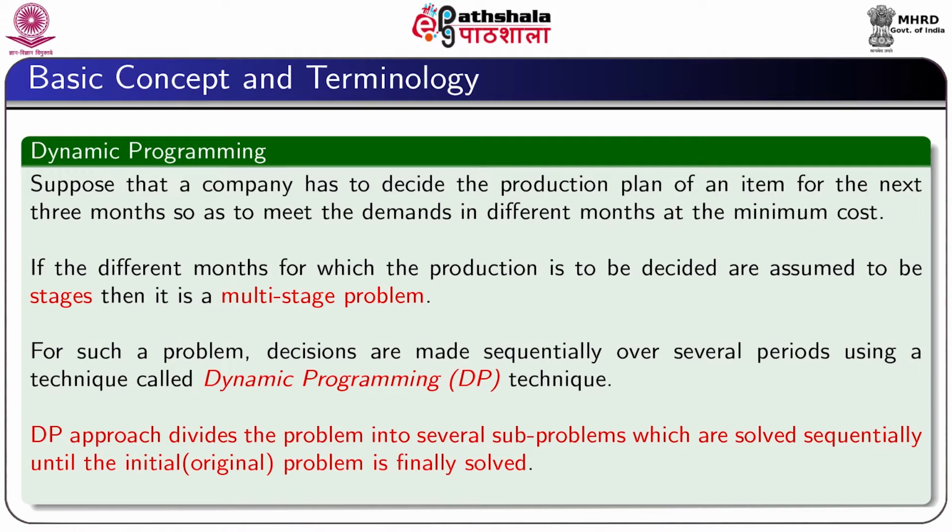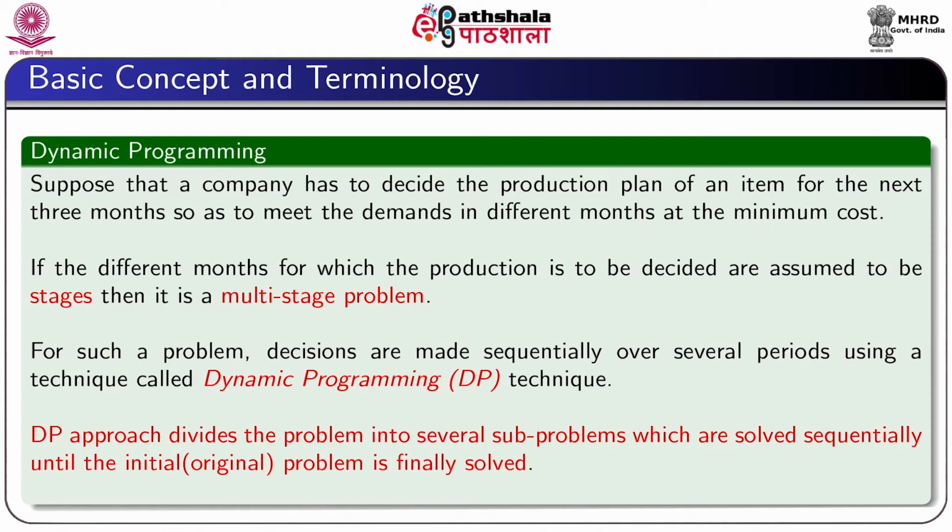For such a problem, decisions are made sequentially over several periods using a technique called dynamic programming technique. In dynamic programming model, the current decisions influence both present and future periods.